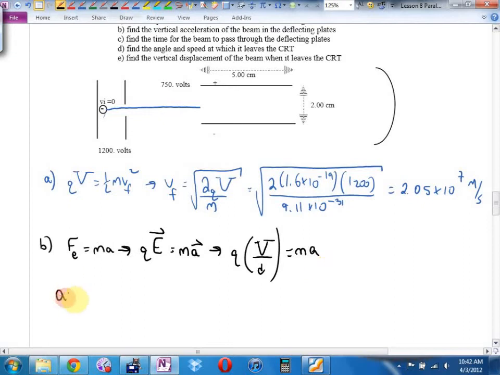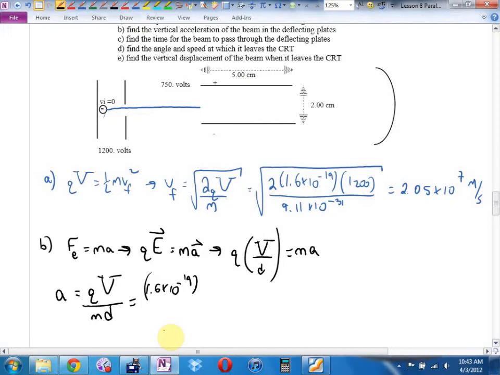I think the acceleration is going to be QV over md. Q is 1.6 times 10 to the negative 19. V, which voltage am I going to use here? The deflecting voltage.